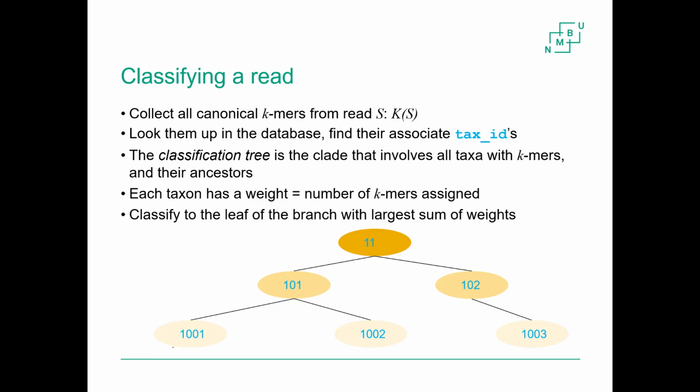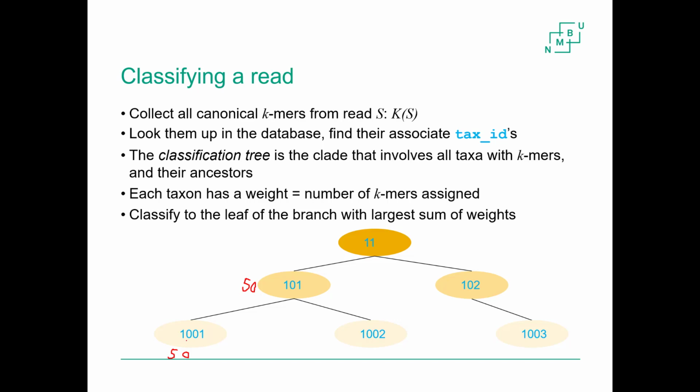First, let's say we have a read and we want to classify it, and it has 100 k-mers. Then we'll go into the table and look up, and we find that of these 100 k-mers, 50 of them are associated with this here, 1001. And the remaining 50 are here, 101. And that's all.